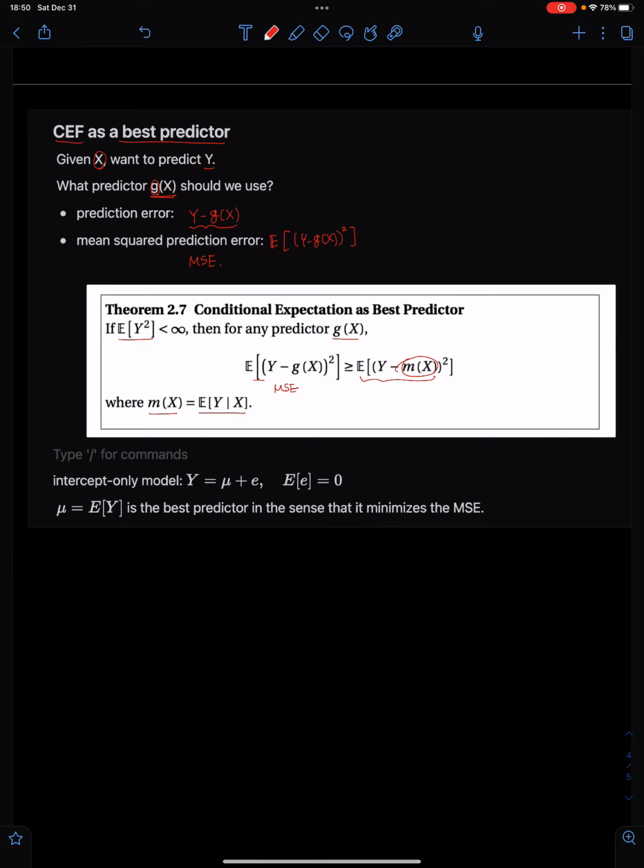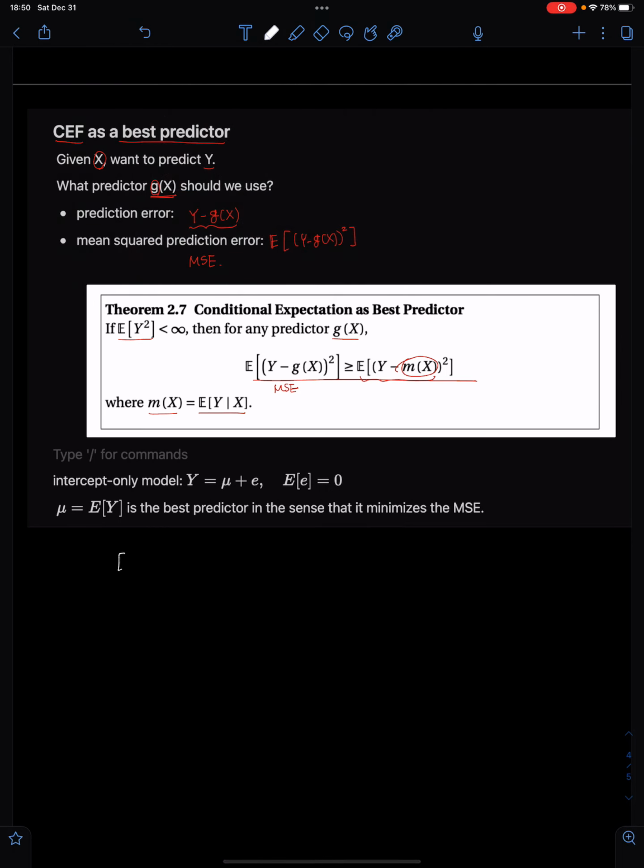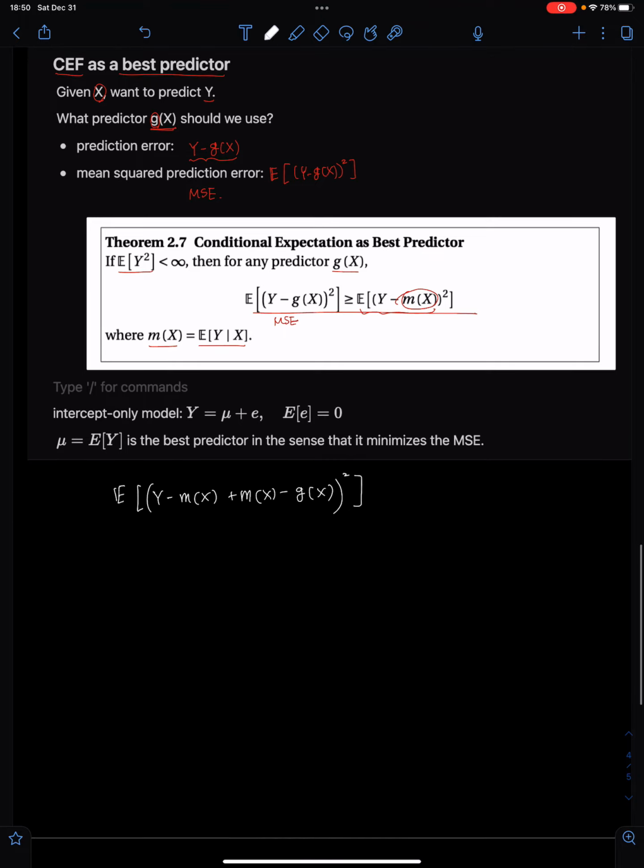Can we prove this inequality? Well, that is easy. Suppose that you have this left-hand side, and then you subtract m of x and add back m of x to it, then you have this one as your left-hand side.